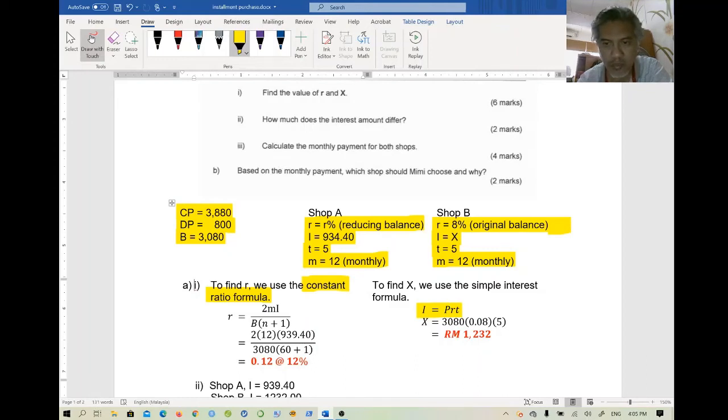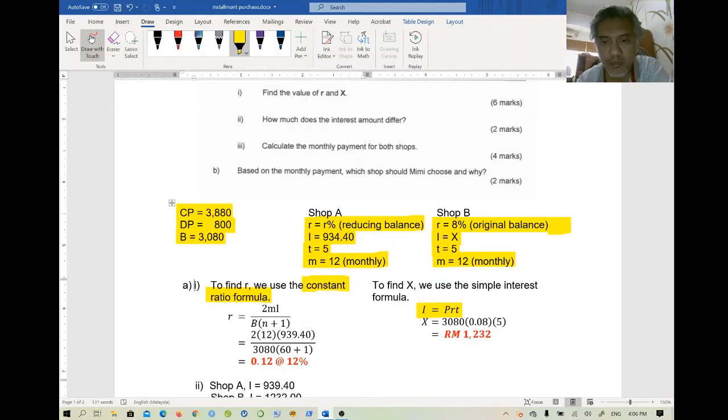So substitute P with 3,080 ringgit. P in simple interest is the principal, but in this situation P here refers to the balance. Okay, same thing. So you can also replace this with BRT, it doesn't matter. It's okay to do that for this unit, installment purchase.